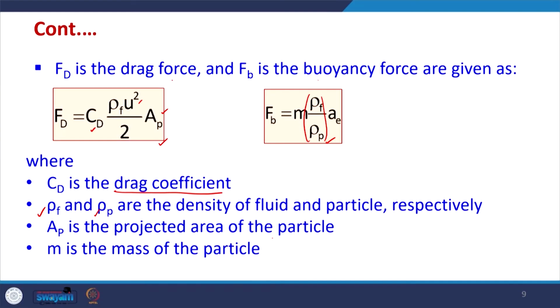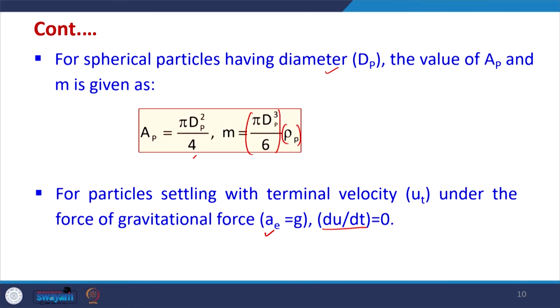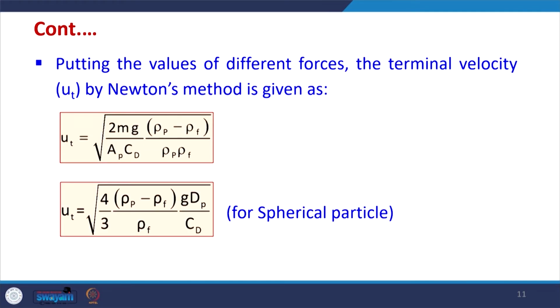So, if we substitute all these conditions, the equation of drag force and the equation of buoyancy force, then replace the projected area AP assuming the particle to be spherical, and similarly the mass, we can calculate the terminal velocity.